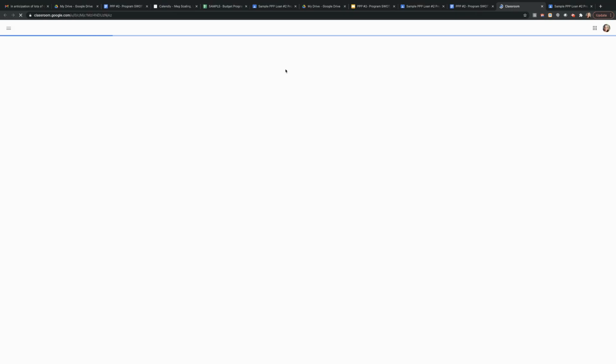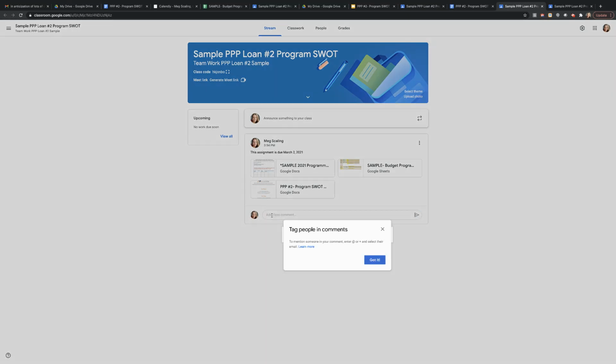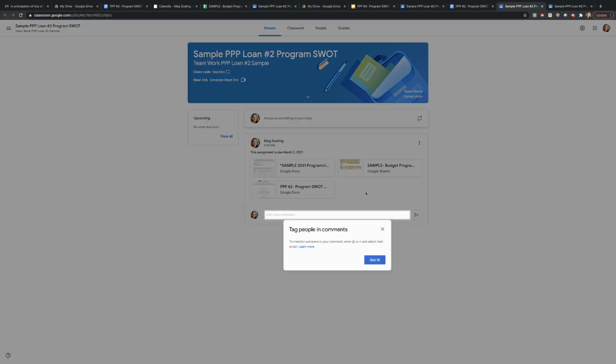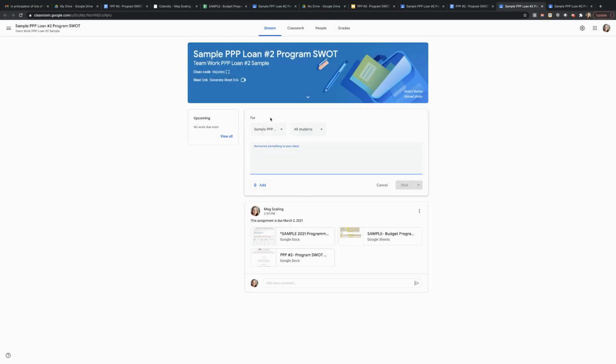So when I go back to that Google Classroom, my documents are here. When you want to add something, you can add a class comment here. You will also have the ability to announce something to your class.